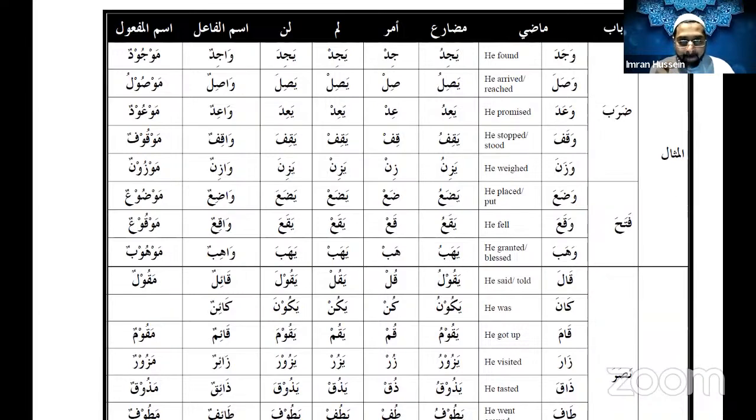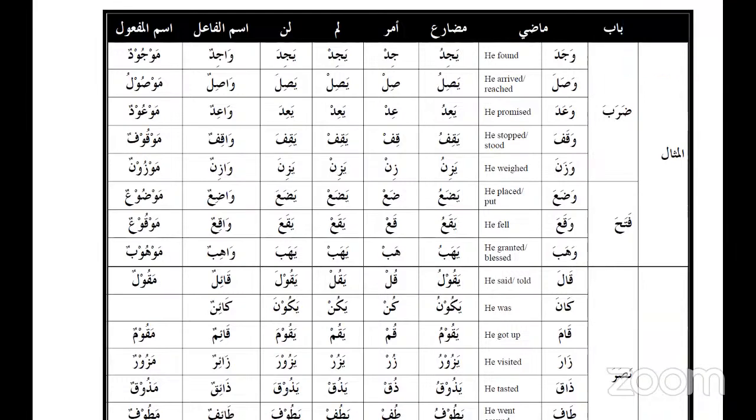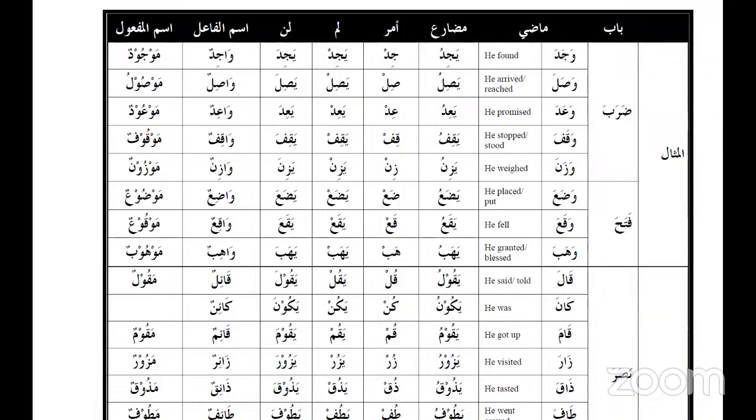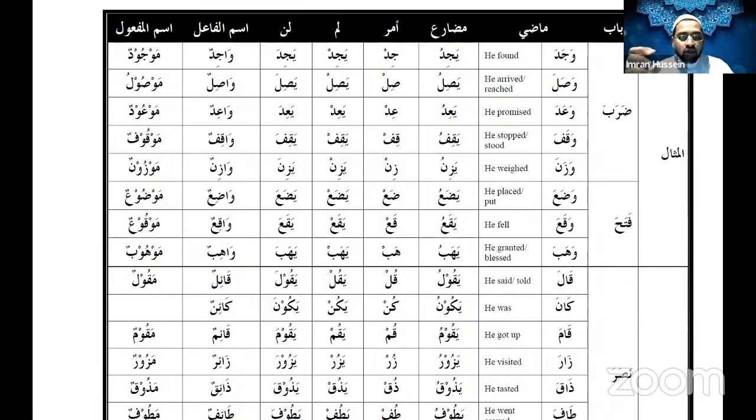Following everyone? Yes. That's two. Number three, if you still cannot find that, the other option is to make it ajwaf, meaning there's a weak letter in the middle. You will check for a verb which has an alif or a waw or a ya in the middle. These are the actual methods you will use to recognize which pattern the verb is on and what the original letters of the verb are.